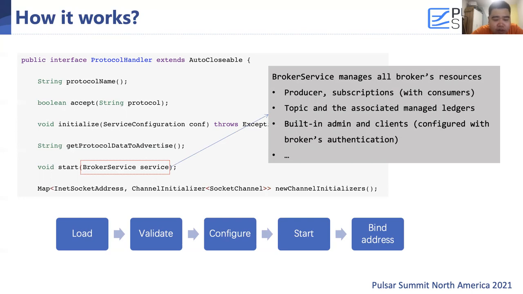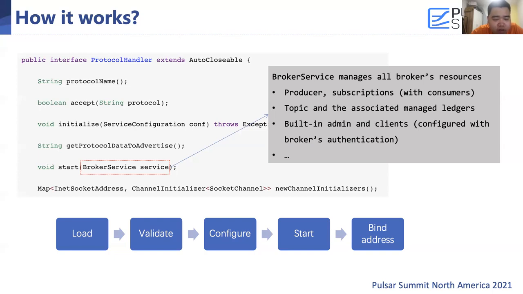BrokerService is a class in the Pulsar broker. It manages all of the broker's resources. For example, all the connected producers and the subscriptions in this broker, the broker's owned topics, and the associated managed ledgers. It also has a built-in admin and client with the broker's authentication.